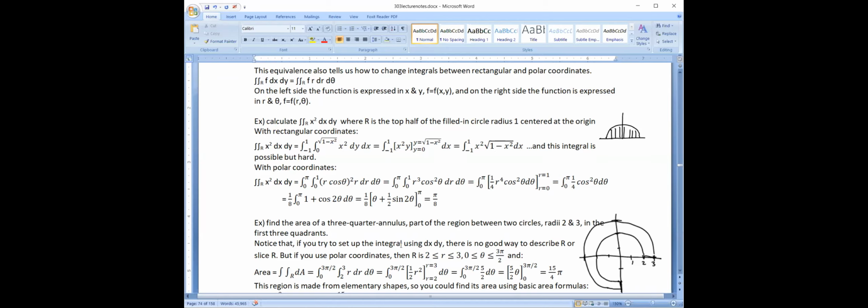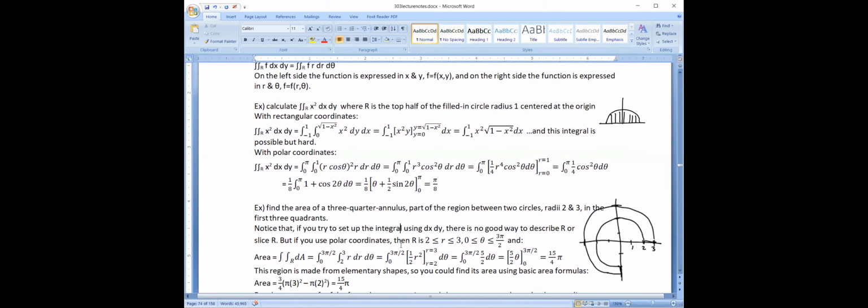So again, the region can be described much more easily using polar coordinates, and that makes the integral straightforward to do in polar coordinates. Also, it would be possible to calculate this area just using straightforward geometry, but I wanted to demonstrate the techniques of polar coordinates.